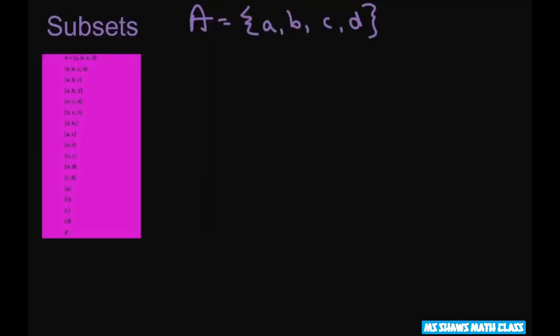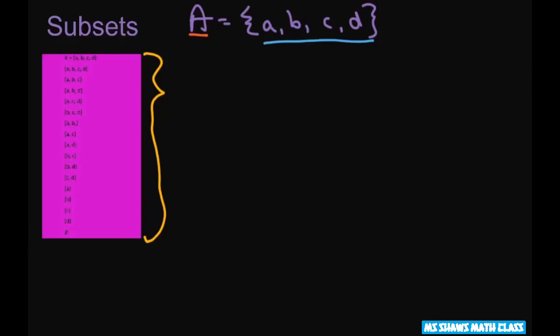Let's talk about subsets. For subsets, we have a set A, B, C, and D, and these are the different arrangements we can make. Again, remember, order is not important.